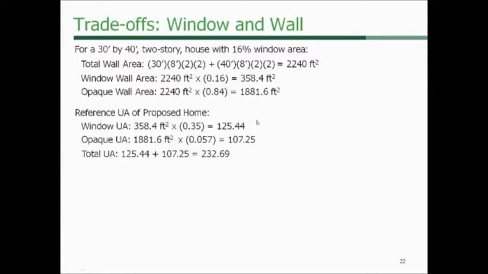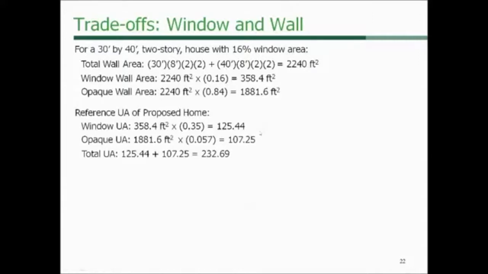Now I'm dropping the units because it doesn't really matter, and they're kind of ugly. And then the opaque UA, which is the opaque area times the maximum U allowed in the table, comes out to 107. Now you'll notice that these numbers are pretty close to each other, 125 and 107.